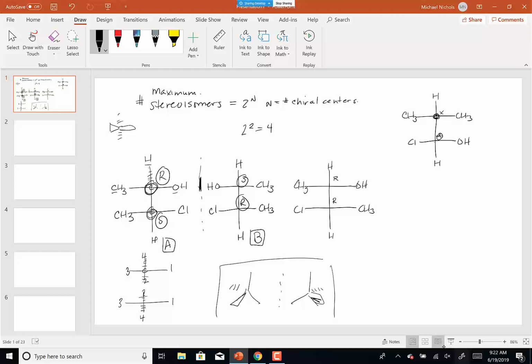So all I'm doing is looking at the R and the S configurations from the original two molecules. So this is a different structure. Exactly. So we're agreed that this is a different structure.